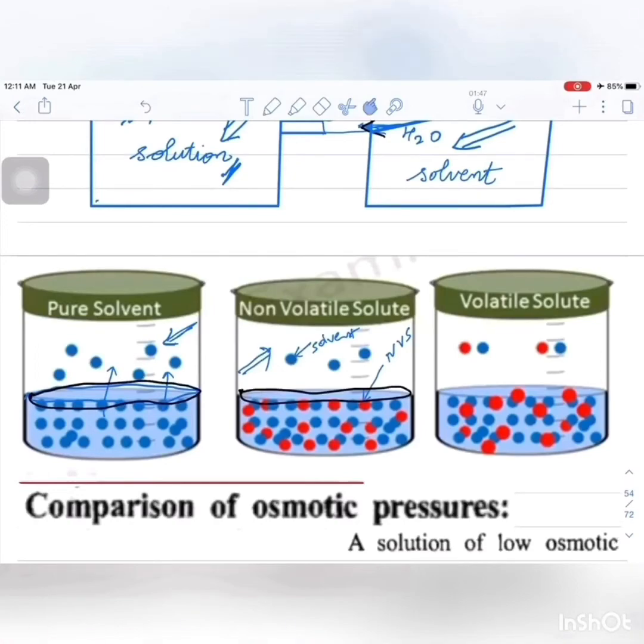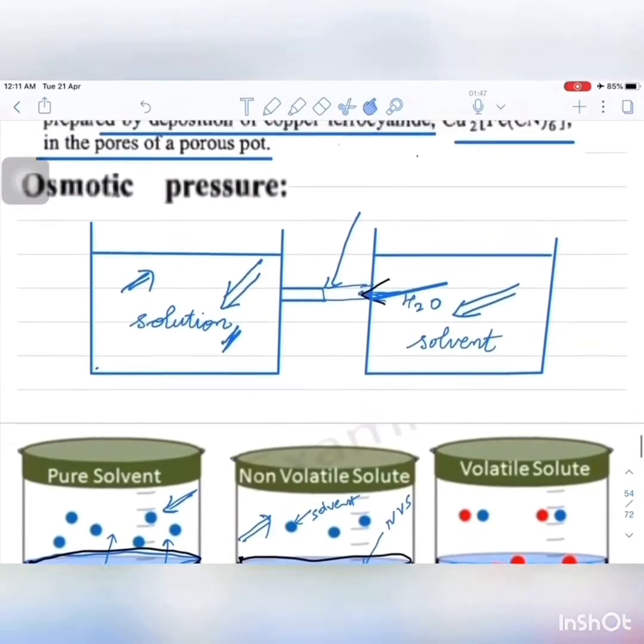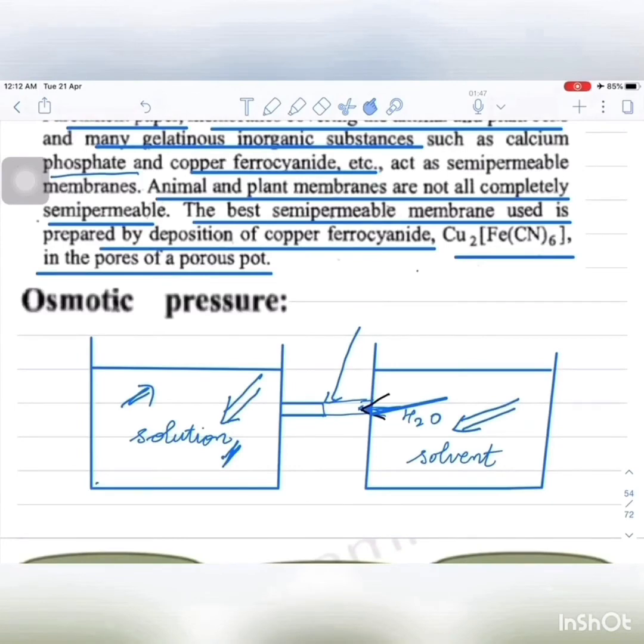Due to this, less number of molecules of solvent go in vapor phase and vapor pressure of solution is less. Because solvent side there is additional vapor pressure, extra vapor pressure, this vapor pressure push solvent molecules, here water molecules, to solution side.